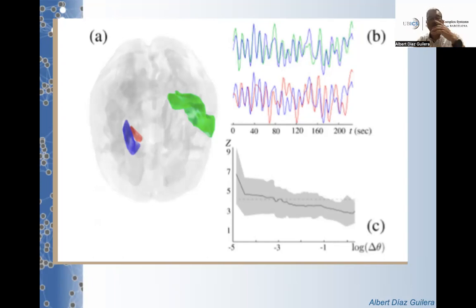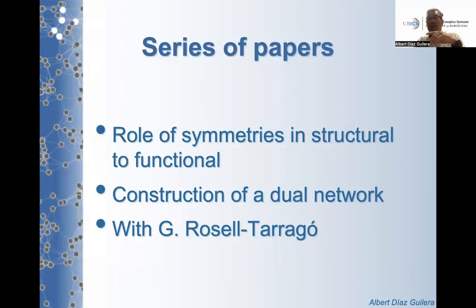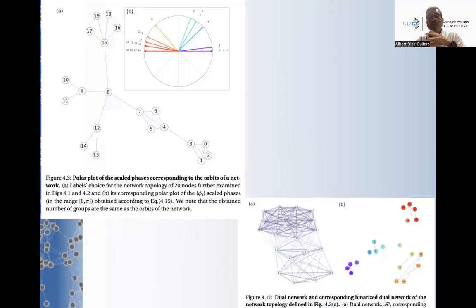Well, this opened some work that we were following in our group. This was the result of the thesis of Gemma Roussel Tarragó, and we were analyzing very carefully the roles of symmetries, and this translation from the structural to the functional. In the final paper, we were proposing a construction of what we were calling a dual network.